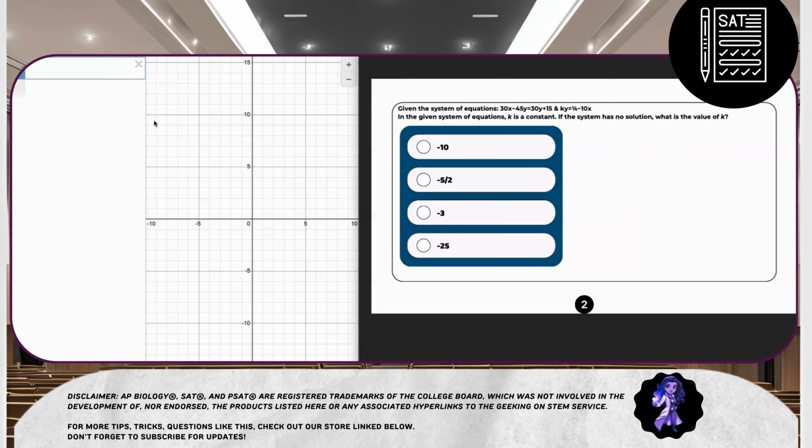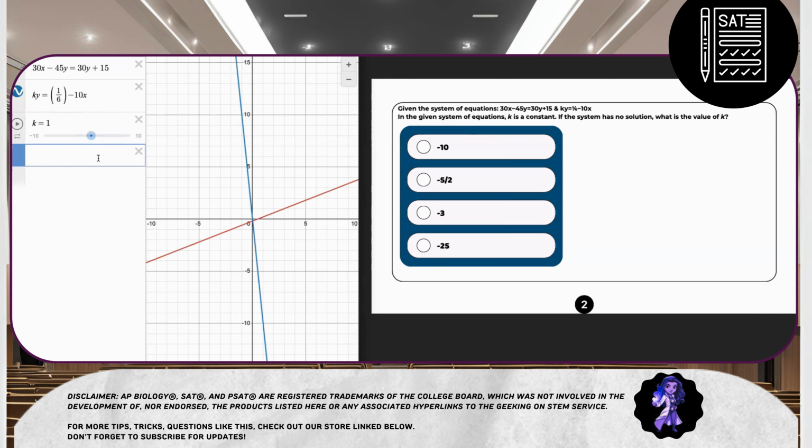But for now, I'm going to type in my first equation into Desmos so you could see that: 30x minus 45y equals 30y plus 15. Now I'm going to take that second equation and type that in as well. It asks you to provide the slider.